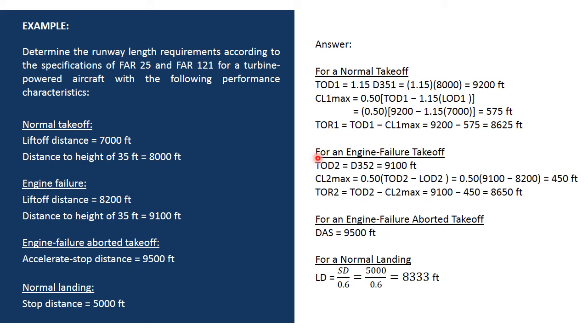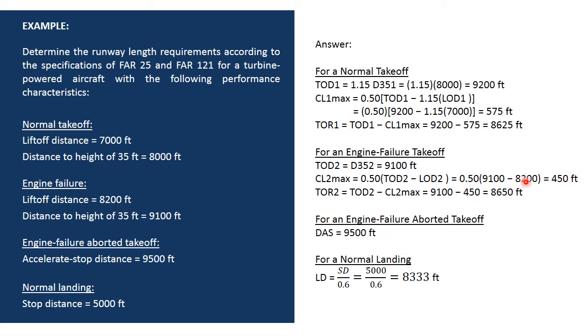Now we will calculate for an engine failure takeoff. The TOD2 is D35.2, the distance to a height of 35 feet, or 9,100 feet. Now we calculate the CL2 maximum, which is 0.5 multiplied by TOD2 minus LOD2. The TOD2 is from here, and the LOD2, the lift-off distance, is 8,200 feet.